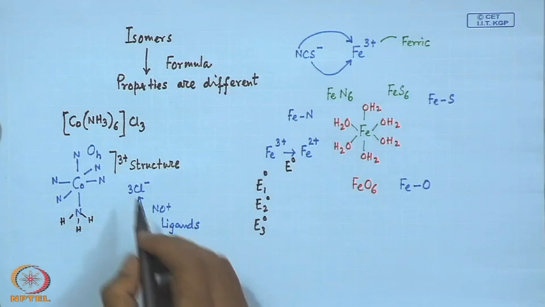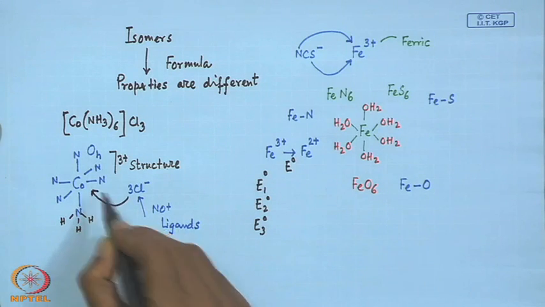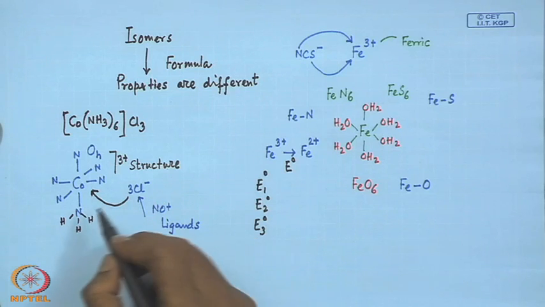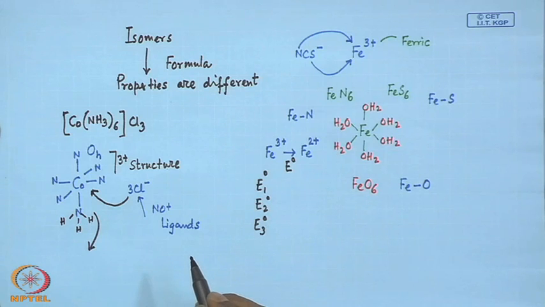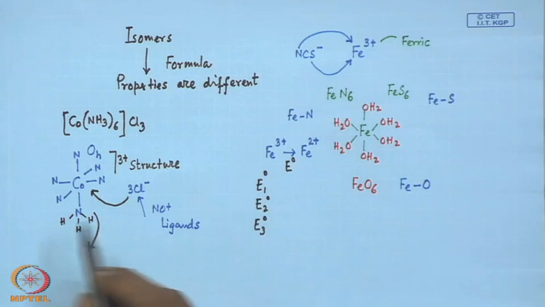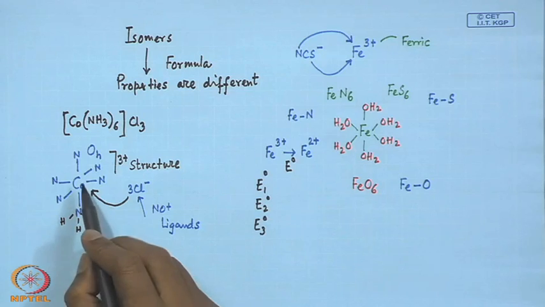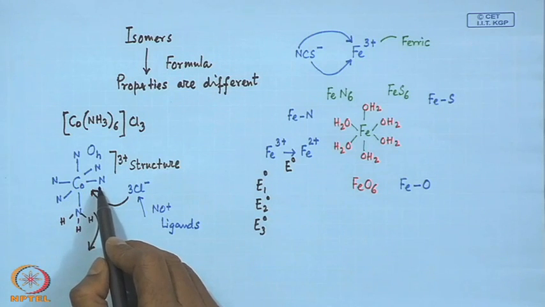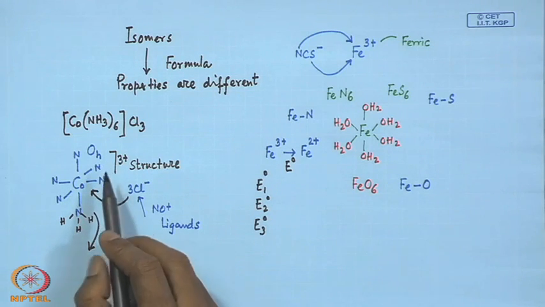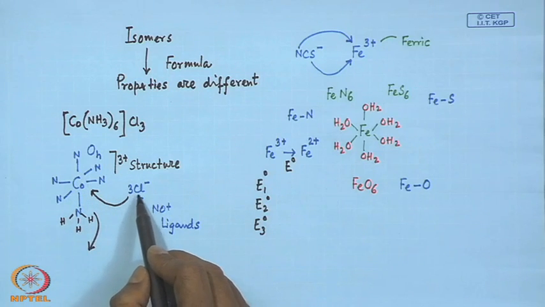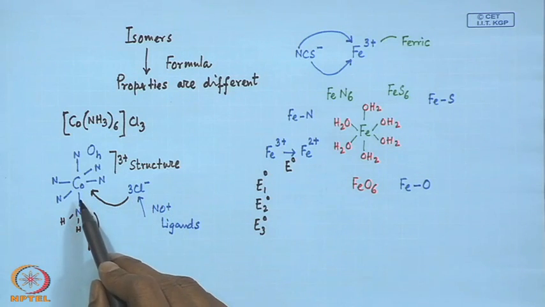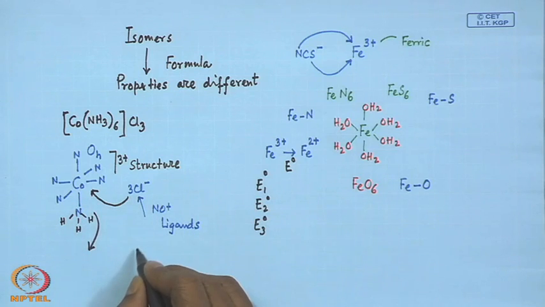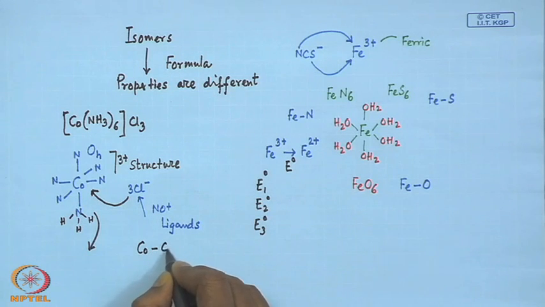so we have these 3 ammonia molecules. Then if, one after another, these Cl minus groups can enter into the coordination sphere and these ammonia groups can go out from the coordination sphere, we can have different arrangements where fewer cobalt nitrogen bonds would be present and fewer ammonia molecules will be surrounding the cobalt center, and the chlorides which were present outside the coordination sphere can come and attack the cobalt center, forming cobalt chlorine bonds.